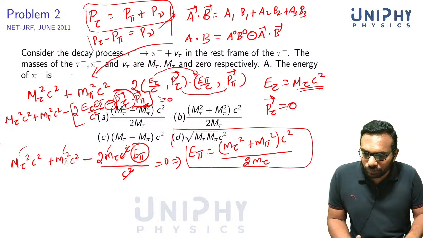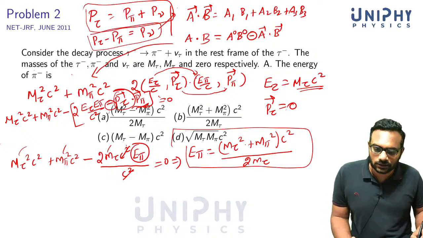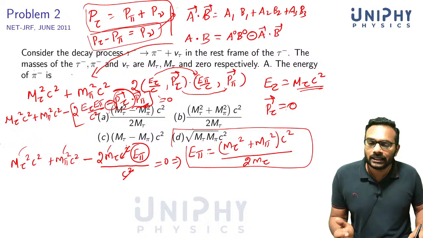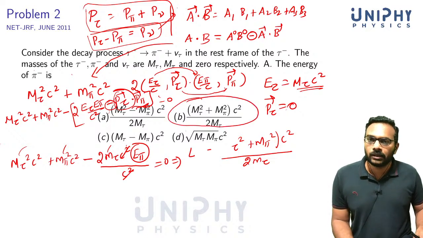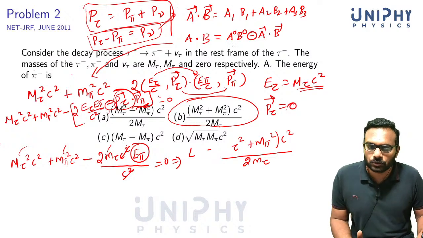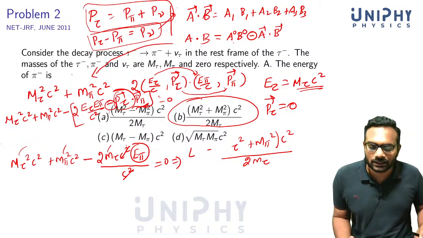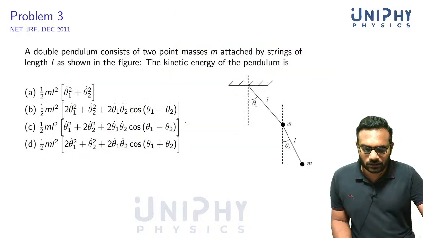I put it like this, squared it, equated it to 0 because p nu square is 0, and you got the answer. This is a very easy problem. So the answer is option B. I hope that's clear. It's not a very difficult problem if you know how to deal with 4 momenta.